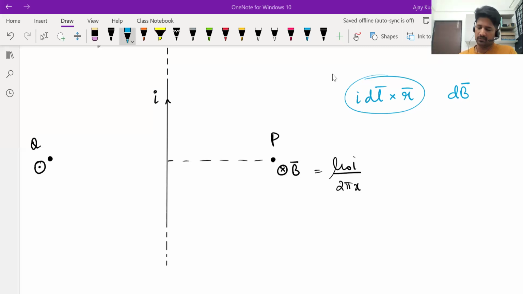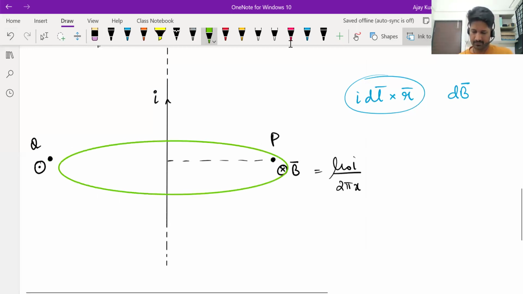Now see, the magnetic field at point P is into the screen, and at point Q, it is out of the screen. If you get the magnetic field at different points, you will see that you get a magnetic field line shaped like a circle around the wire.